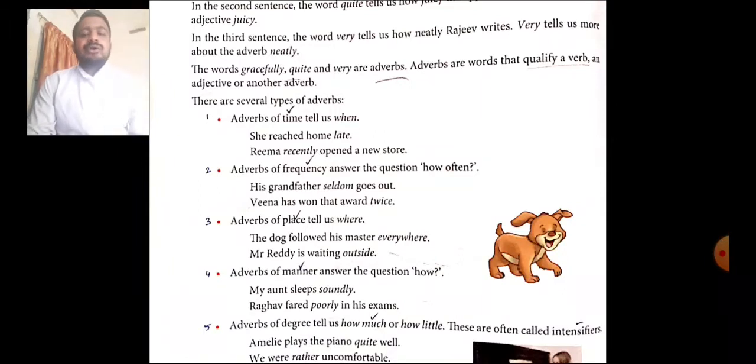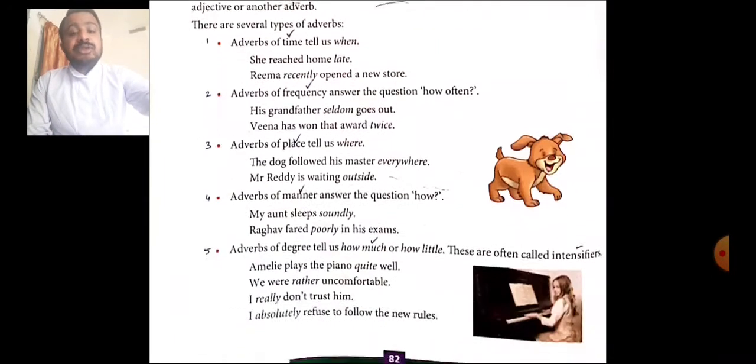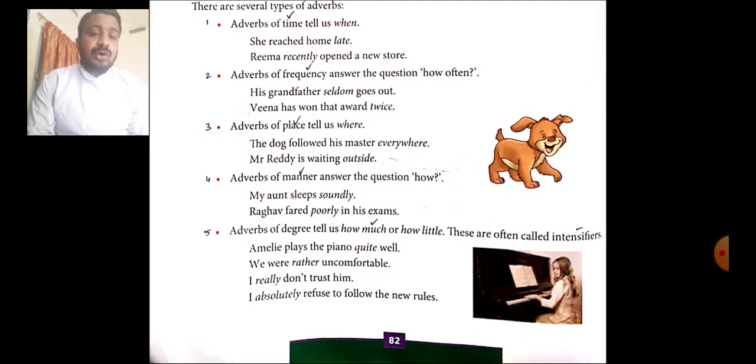And the next one is adverbs of manner, which answer the question how. My aunt sleeps soundly. There, how does the aunt sleep? Soundly. We get the answer how. Adverbs of manner. Then adverbs of degree tell us how much or how little. These are often called intensifiers.